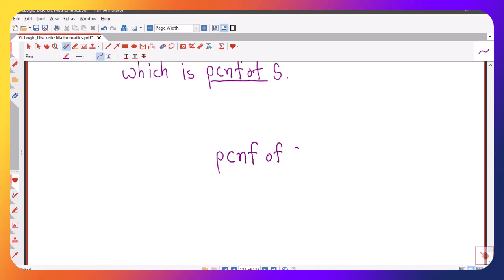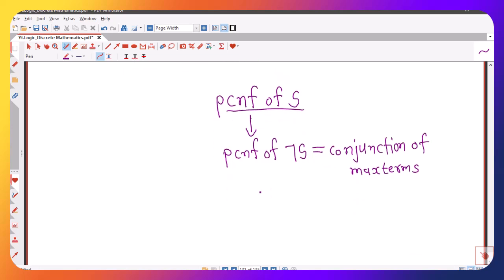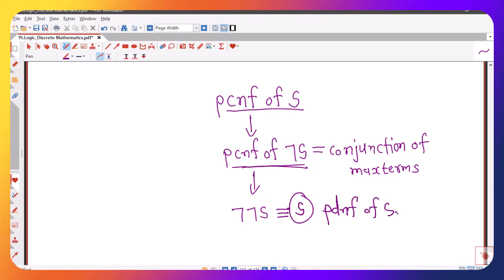First you find out the principal conjunctive normal form of formula S. Then you write down the principal conjunctive normal form of negation S, that is going to be the conjunction of max terms which are not used in the principal conjunctive normal form of S. After that you take negation of negation S, or negation of this PCNF of negation S, and you will obtain the principal disjunctive normal form of the given formula S.